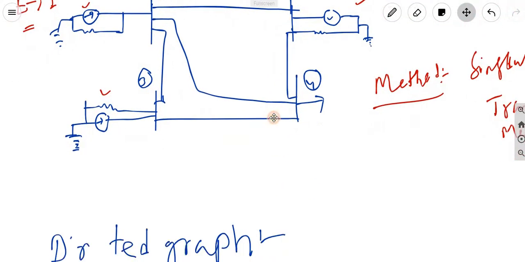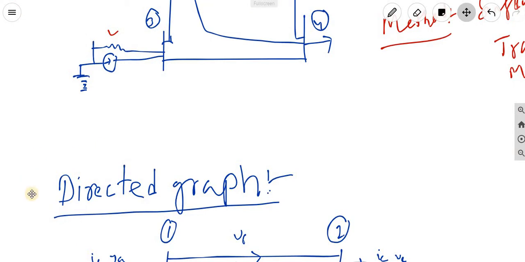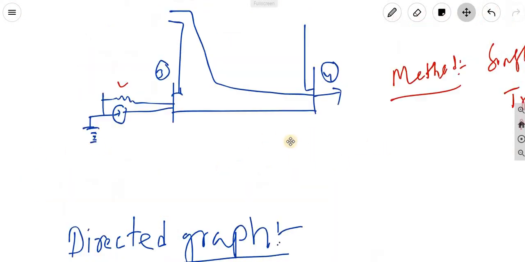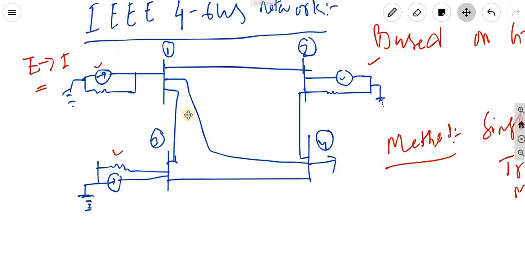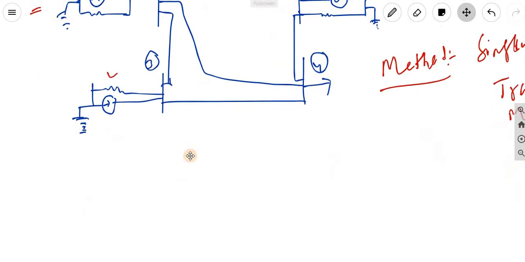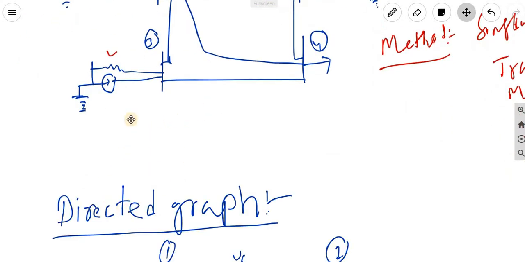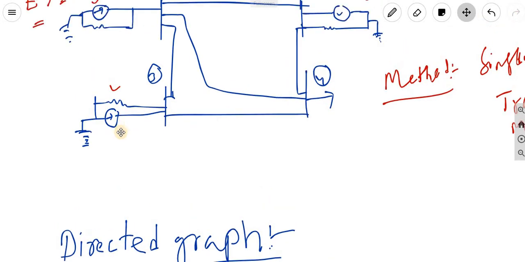As you know, I think you all have knowledge of the directed graph. So from this network, how will we get a directed graph? A directed graph means there will be a direction for each element, except the sources, active and passive.